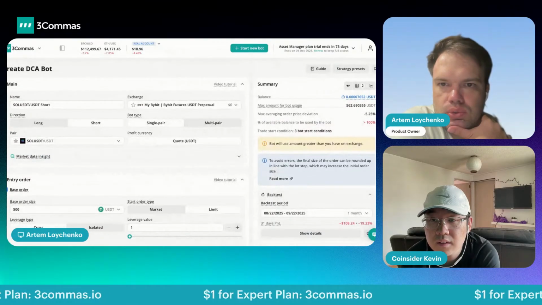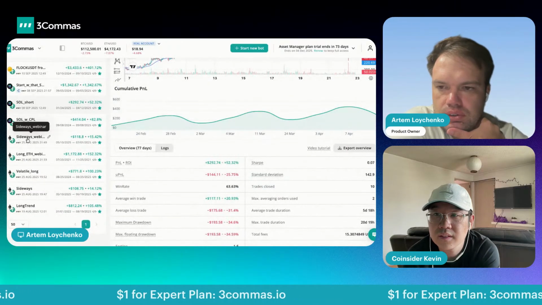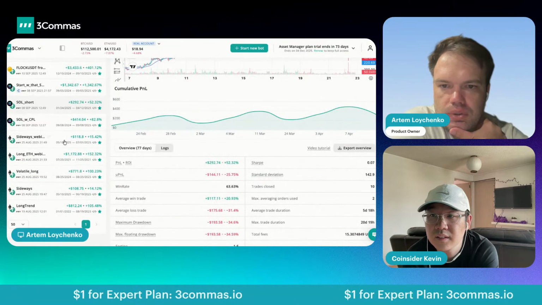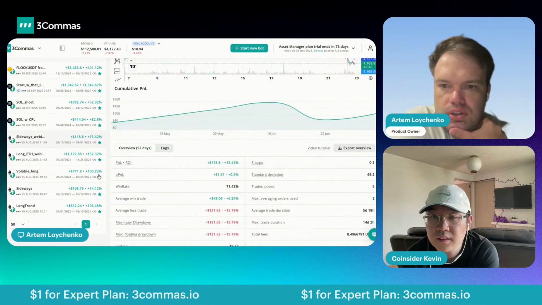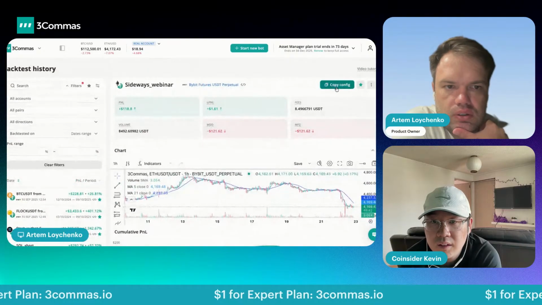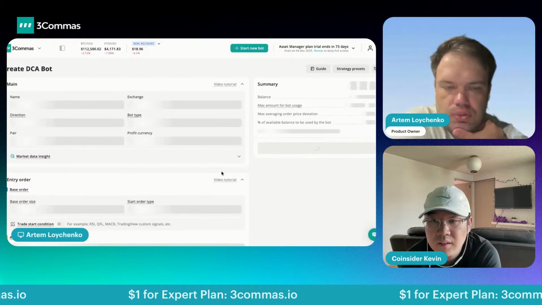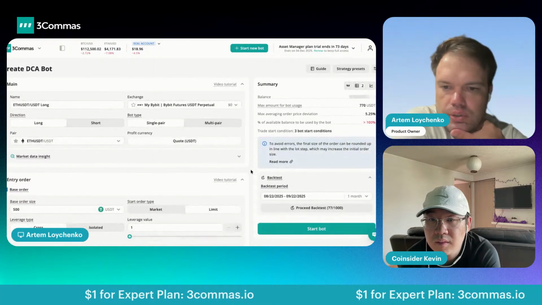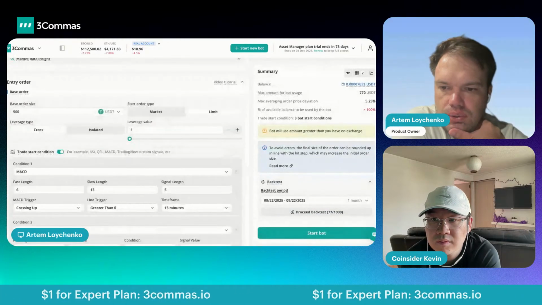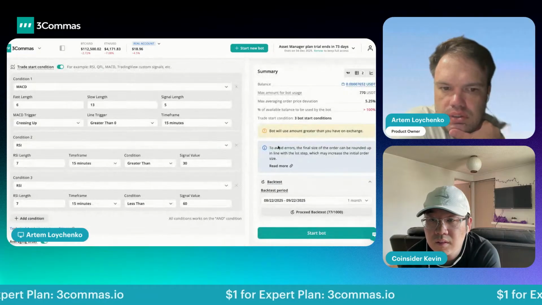Let's try this volatile one, the sideways, and see how it goes. This is the one that we did for ease. Let me copy config. This is the last one that I want to check, and then we're going to go back to XRP.